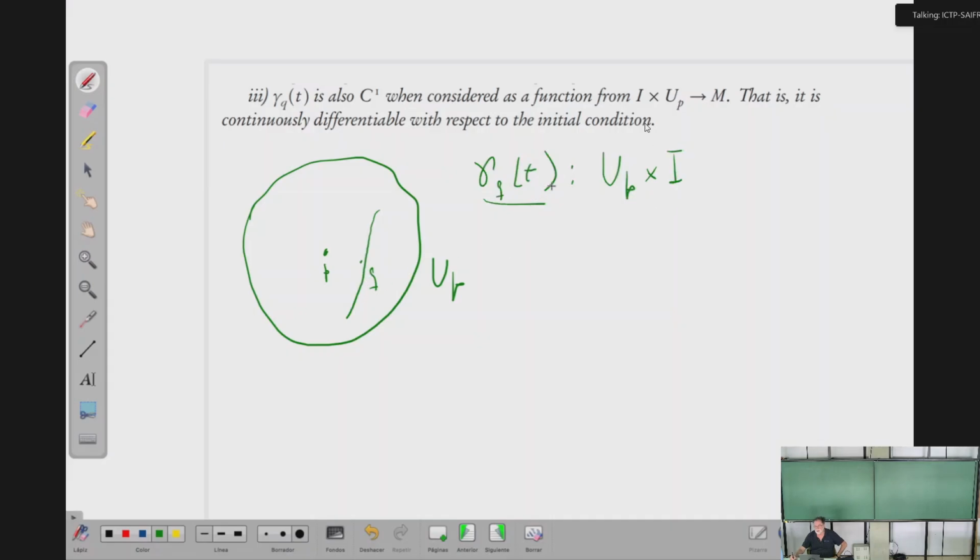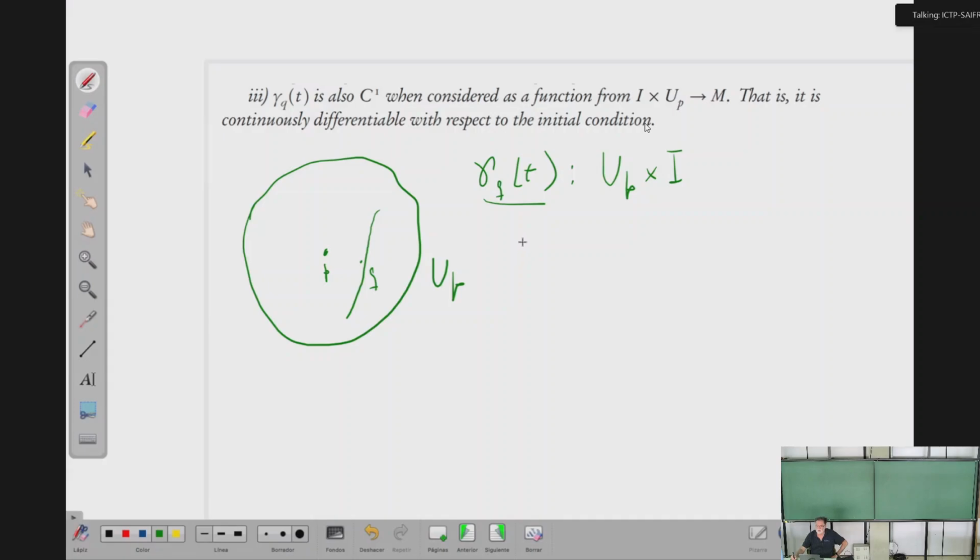I give the initial condition Q and the time T, and it gives me a solution. So you can think of that as a function not only of T but of Q. Q is a point in this neighborhood, and this is the existence interval.